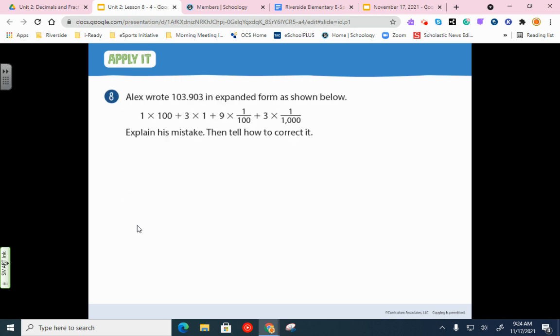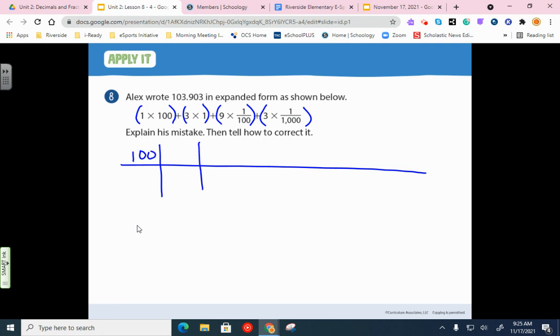Alex wrote 103.903 in expanded form as shown below. Explain his mistake. So let's see what he came up with here. We've got hundreds and we've got thousandths place. For his expanded form, we can use a place value chart really simply here.